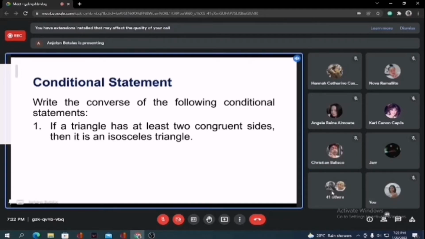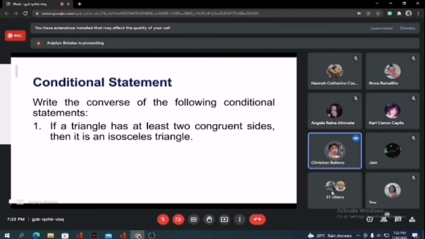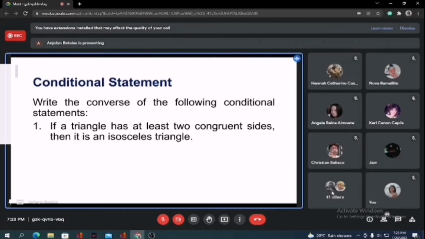Magsugod ba ta og it sa hypothesis nimo? If it is an isosceles triangle. If you say it, you're referring to a third person, diba?